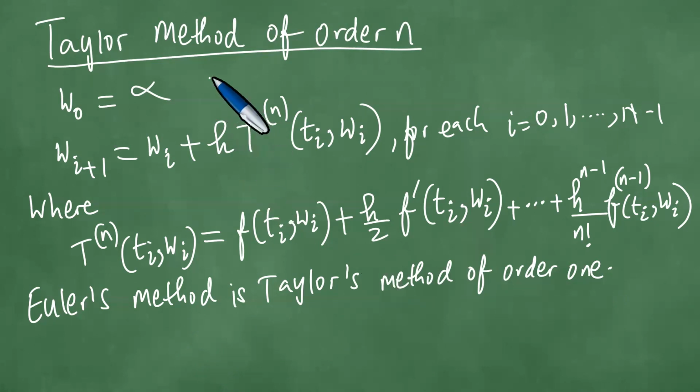In the case of Euler, we're just taking the first derivative, but with Taylor we can take higher order derivatives. So we can estimate second order differential equations, third order differential equations, and so on. So Taylor is more general, and in the end Euler's method is Taylor's method of order 1.